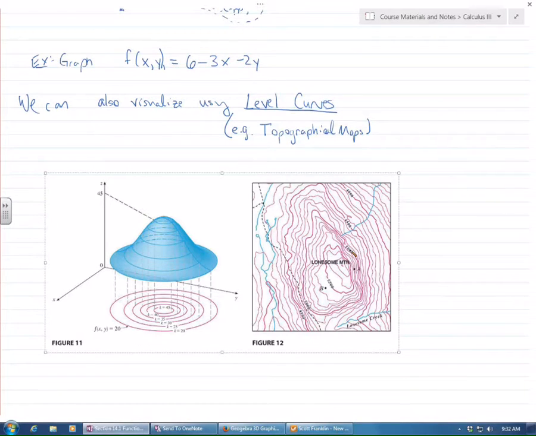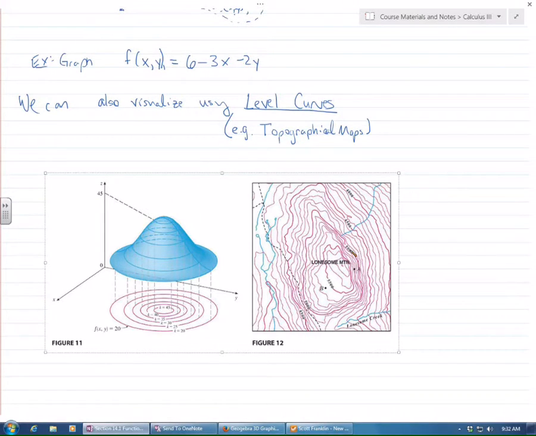More than likely this, right? Unless you're looking for rock climbing experience, and I don't know what it looks like, but you at least know that it's very steep over here. But you can, just by looking at a two-dimensional picture, see three-dimensional information, okay? So what we're going to do is practice doing that by taking surfaces and looking at their topographical maps, which we're going to call level curves.